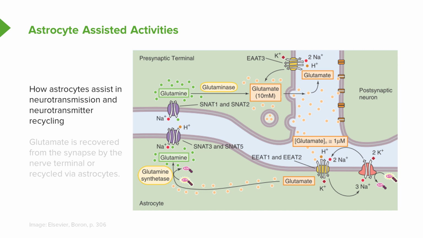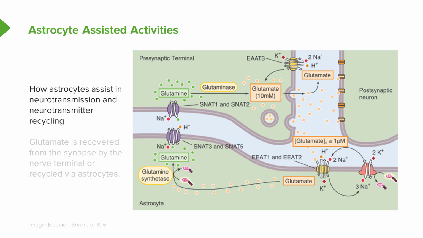In this case, astrocytes can serve this function of helping to clean up a neurotransmitter, changing it back into its active form, and then delivering it back to the nerve to be released again. This example that we have here is about glutamate. Glutamate is released from presynaptic nerve terminals.